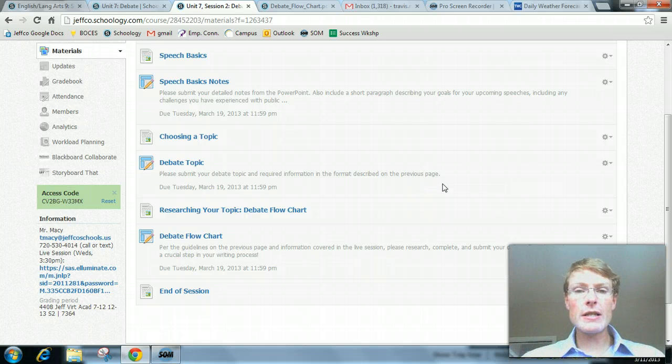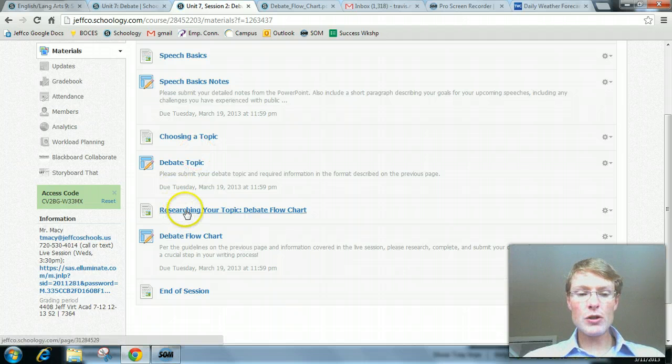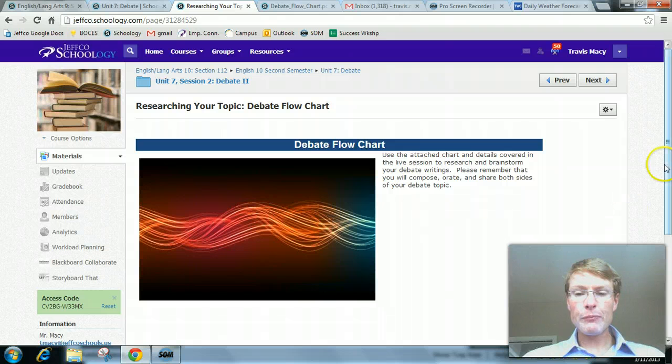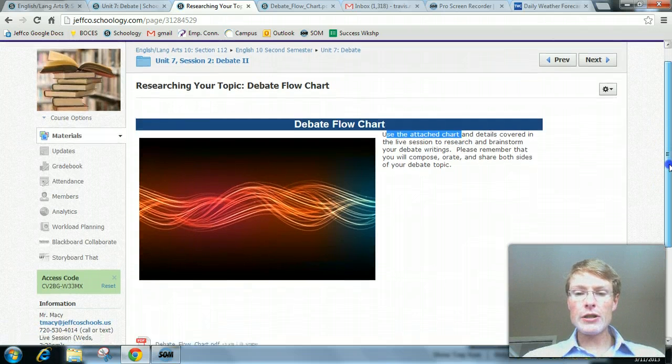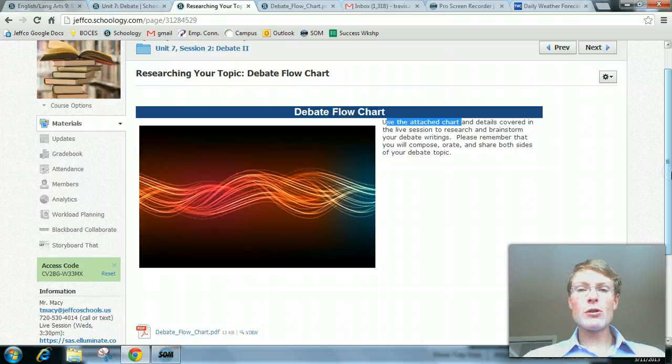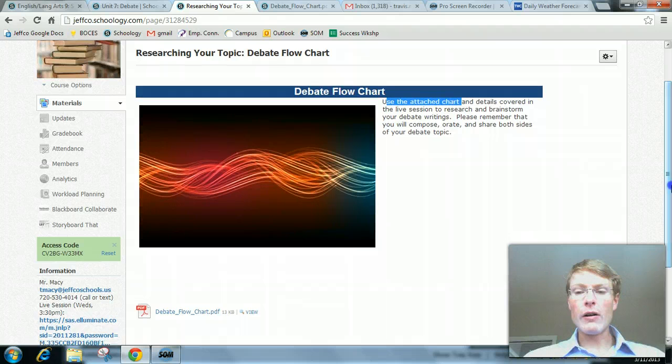So let's look at this assignment. What is involved? We're looking here at this one, researching your topic, debate flowchart. Basically, you'll be using the attached chart. You'll see that at the bottom of this screen to research and kind of plan out your argument.